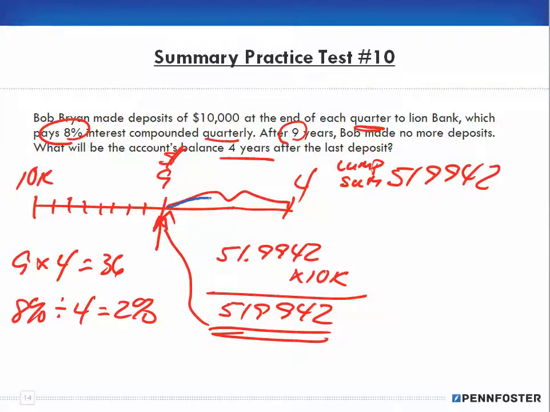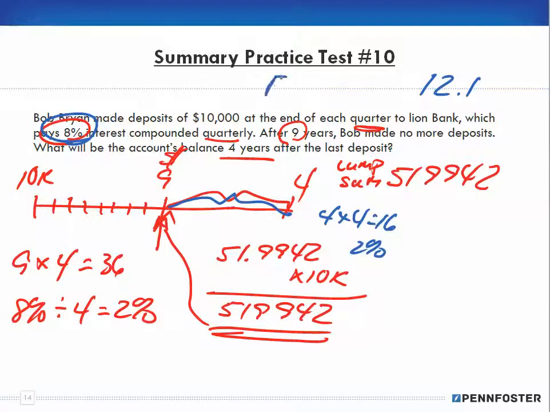No more payments are made over the course of those 4 years, but it's still at 8% interest, compounded quarterly. So 4 years times 4 periods is 16 periods, and we're still at 2% for the compounding. We go to table 12.1, which is the future value of a lump sum.